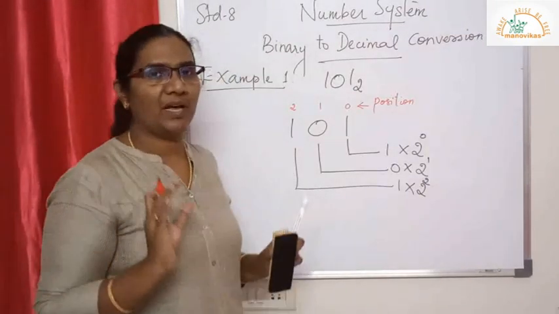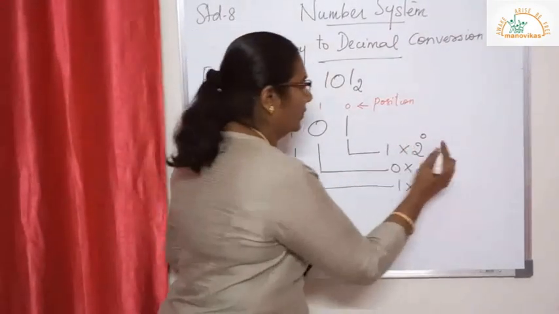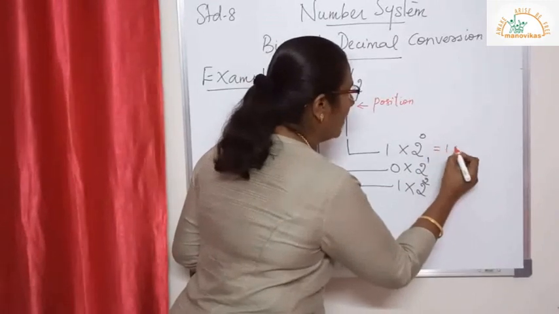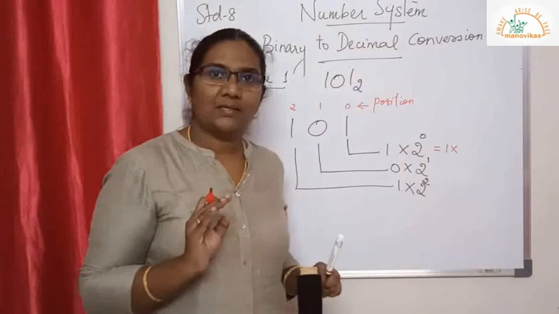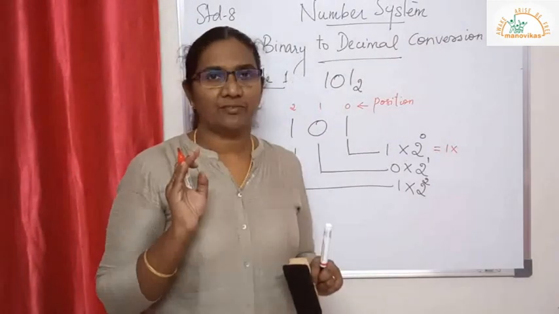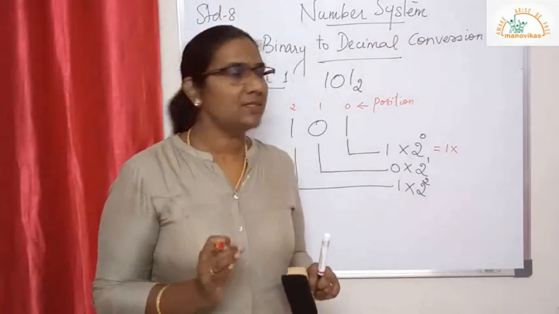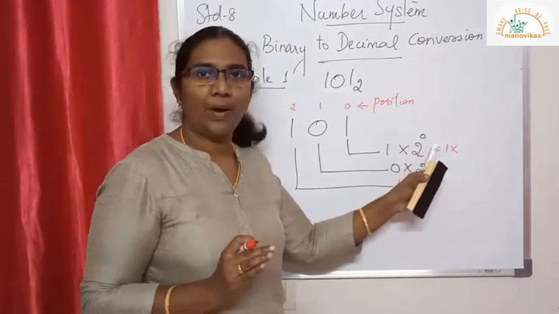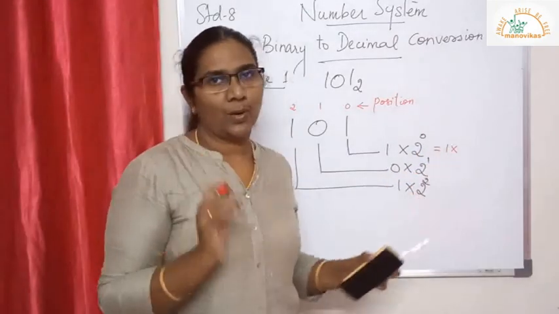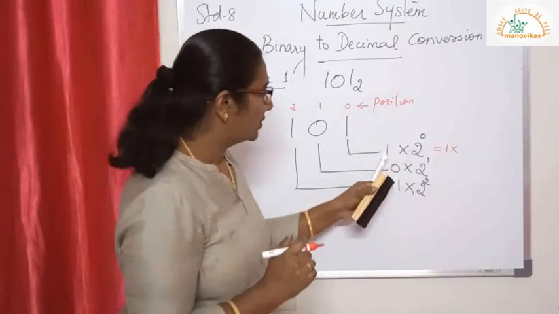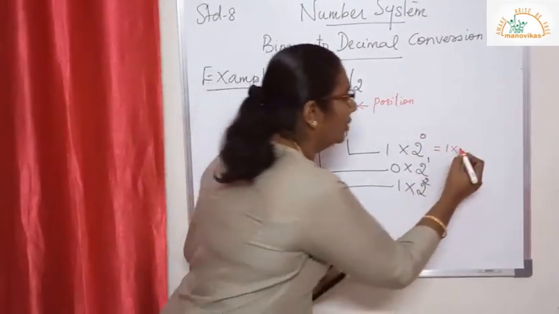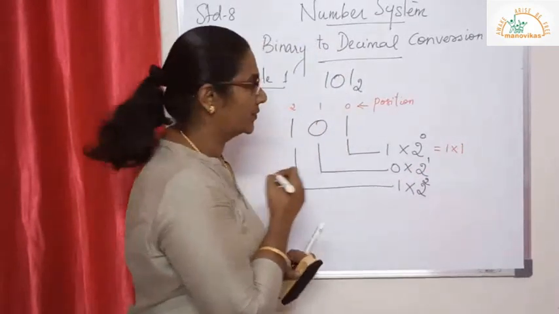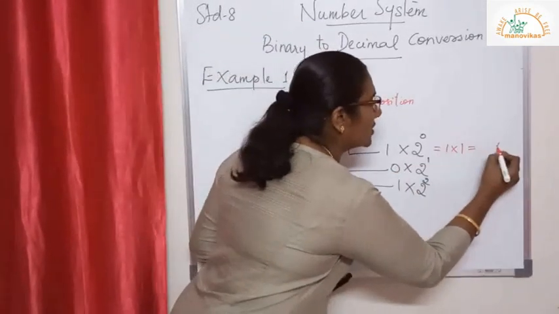Now it's simple mathematics. That is 1 multiplied by 2 to the power of 0. Last year in mathematics you might have learned in exponents that anything to the power of 0 is 1. So the digit multiplied by 2 to the power of 0, which is equal to 1, gives you the result 1.